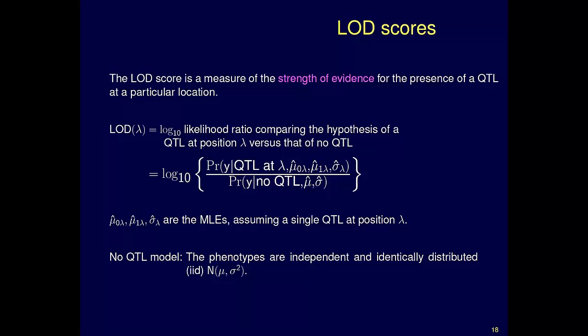I repeat that across the whole genome. Oh, and I forgot: I calculate the denominator in this ratio, the thing on the bottom, one and only one time. Then at each putative QTL position, I apply the EM algorithm to estimate these, plug them into this formula, and calculate the LOD score.